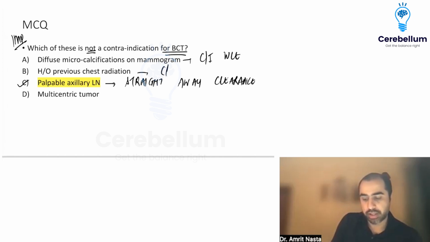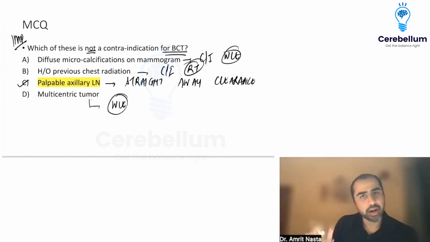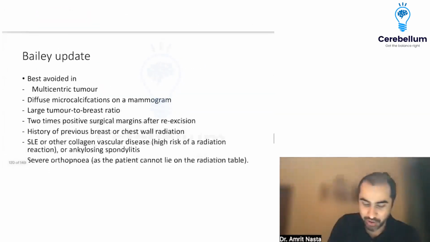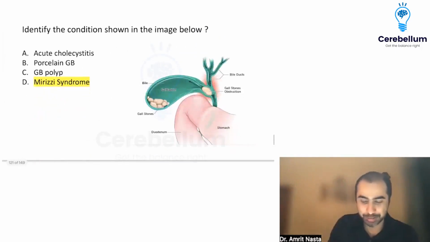This is a contraindication for radiotherapy. This is again a contraindication for wide local excision. So divide it like this, it becomes easy. RET gene, chromosome 10, medullary, MEN 2A, 2B, very scary. Wow, I get scared when I listen to all this.